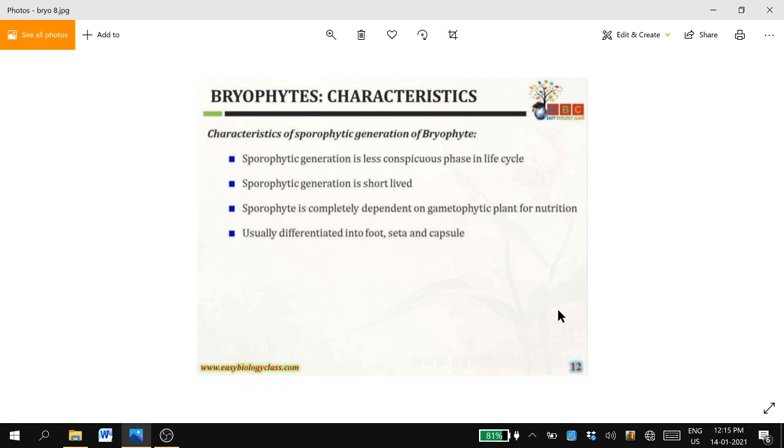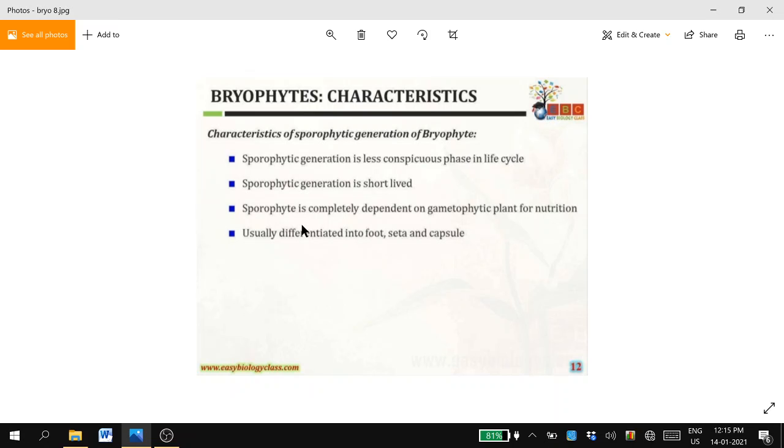And these are some of the characteristic features of the sporophytic generation present in Bryophyta. When we compare the sporophytic generation with the gametophytic generation, we can say that the sporophytic generation is a less conspicuous phase. It means it is a less prominent phase in the life cycle of Bryophyta, and the sporophytic generation is short lived while the gametophytic generation is long lived.